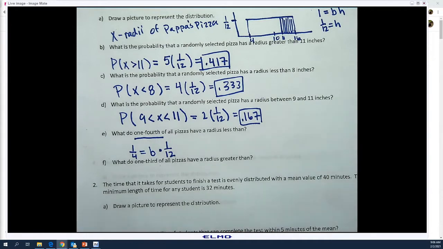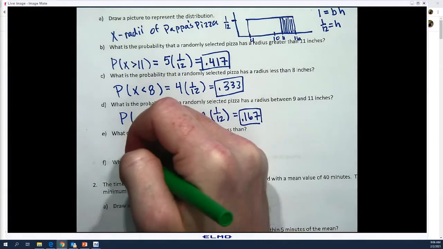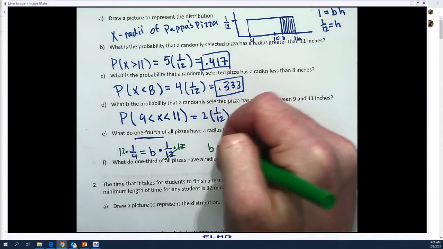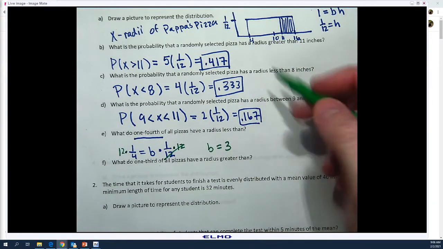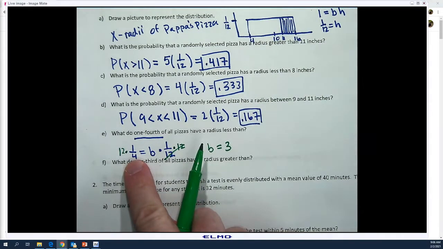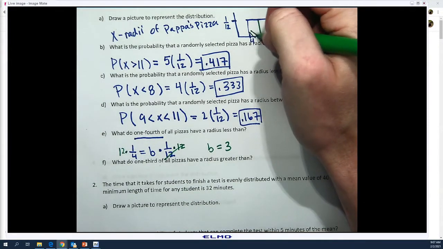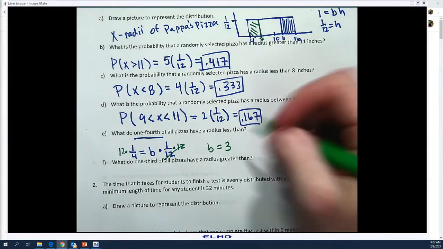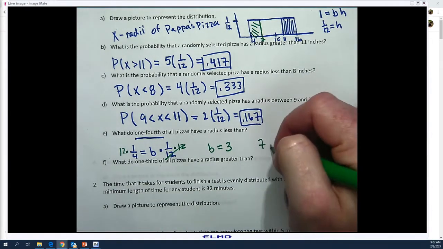Algebraically, I'm going to multiply both sides by 12, and we end up getting that b has to be 3. So we want to find some value where from there down has 1/4 of the probability. It's just going to be 3 away from the bottom, so 7. This little green rectangle right here would have 1/4 of the total area. So 7, and I think these are inches. Yeah, inches.